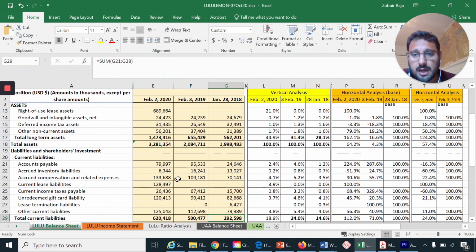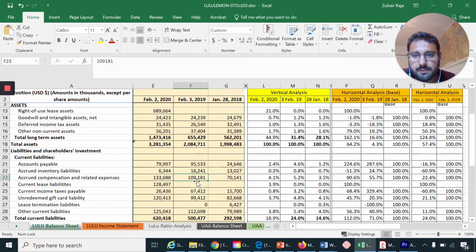If you see, for 2019, all of a sudden the accrued compensation and related expenses under the current liabilities suddenly increased. One reason was the restructuring: in order to do the restructuring, they offered lucrative compensation to the existing employees before laying off. So that number has increased, and because the number in the denominator increased, that decreased the overall ratio.